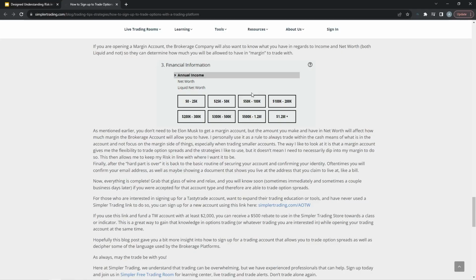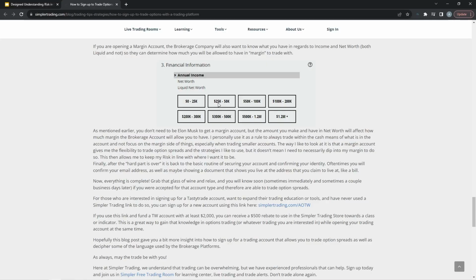So if you're a lower income, you're maybe newer to the employment world, you're just out of college, so you're trying to build that base, or maybe you're just out of high school, right? Who knows? But let's say you're just at the start of your journey, right? You've left your parents' house and you're on the lower end of things, if you will. That's okay. You can still potentially sign up for a margin account and be accepted.